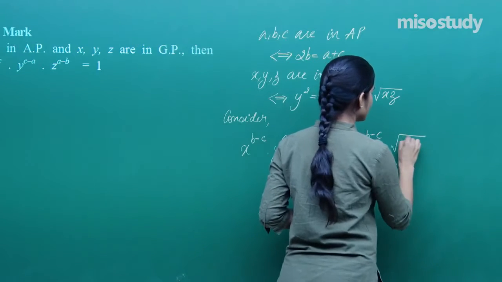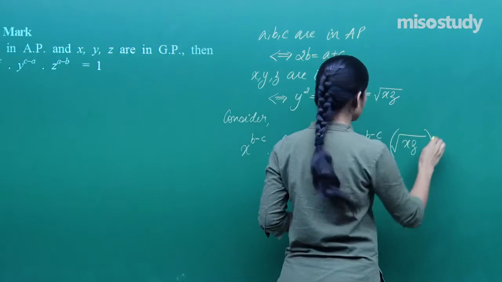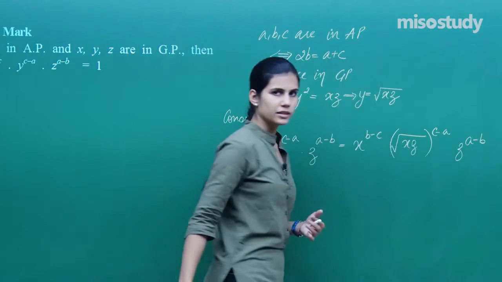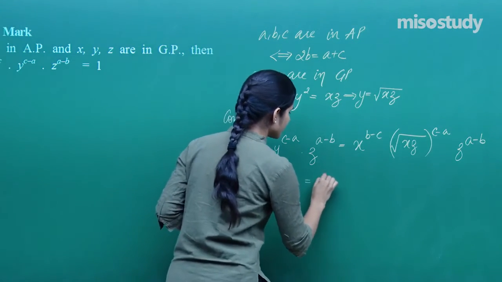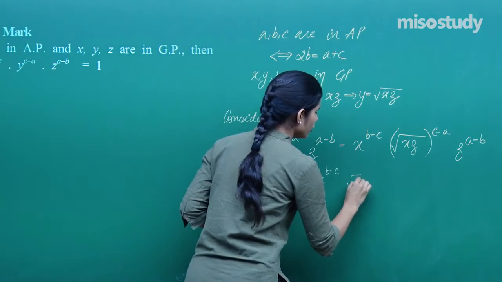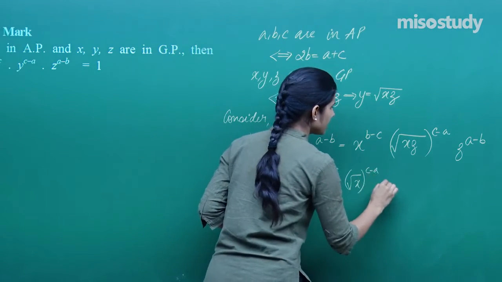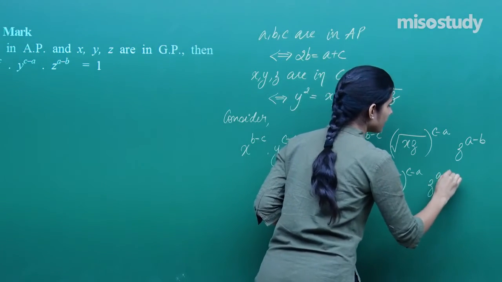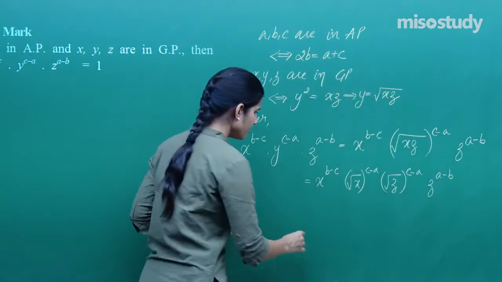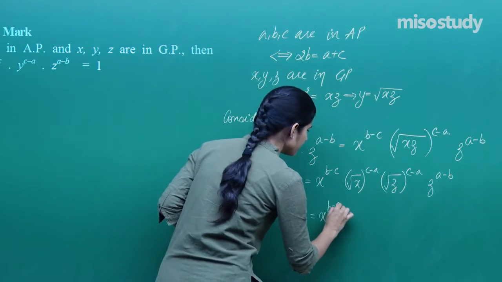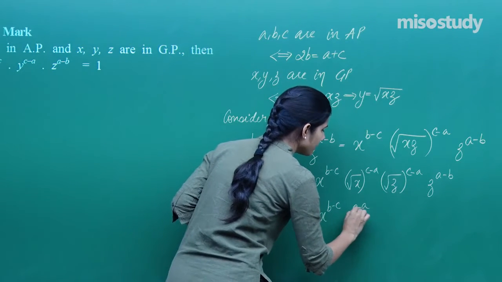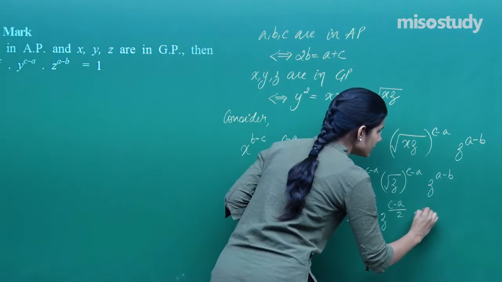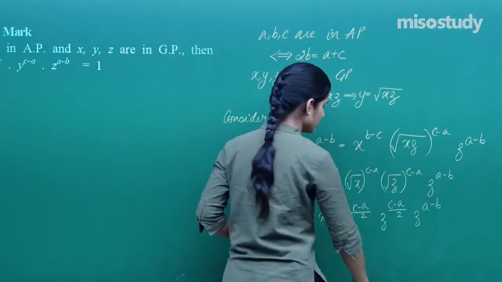So I am going to write it as root xz whole to the power c minus a, z to the power a minus b. This can be written as x to the power b minus c, root x to the power c minus a, root z to the power c minus a, z to the power a minus b. Simplified further, this is x to the power b minus c, this is x to the power c minus a by 2, z to the power c minus a by 2, z to the power a minus b.